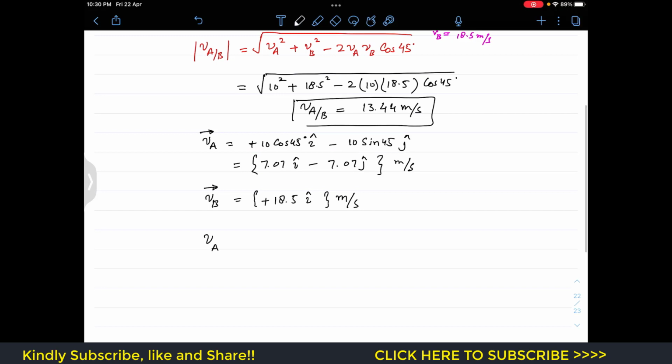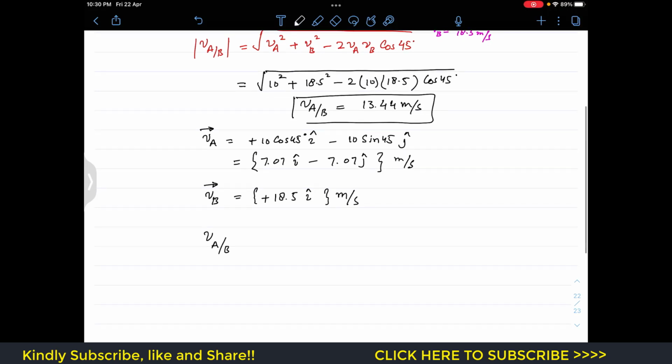Now to find the velocity of A relative to B, we have to subtract VB from VA. So this is VA minus VB. Now we have VA as 7.07 I minus 7.07 J minus VB, which is 18.5 I.